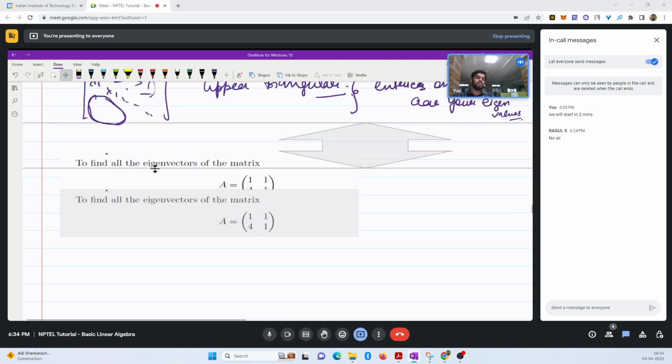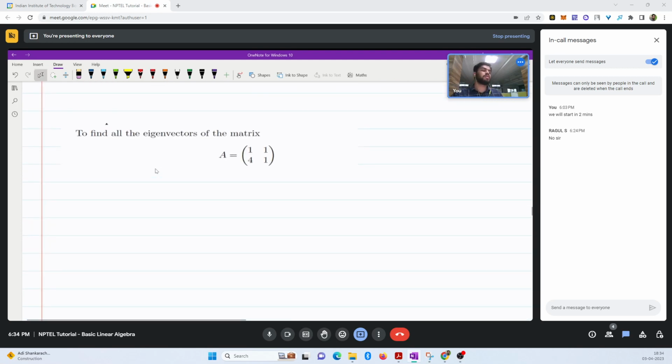So now we will move one step forward and try to find eigenvectors. Till now we were only finding eigenvalues. Now we have to find also the eigenvectors. Just a quick recall: a non-zero vector v satisfying this kind of relationship is called an eigenvector.